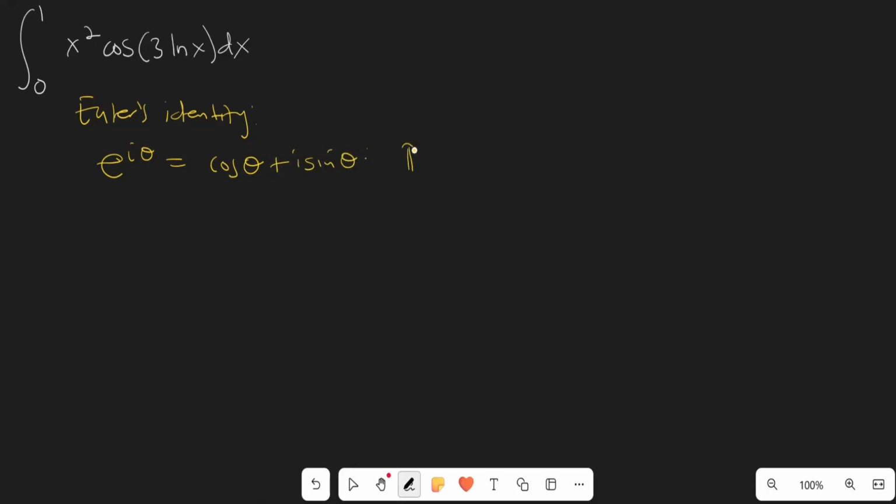We know that the real part of this e to the i theta is the cosine of theta, and the imaginary part of e to the i theta is the sine of theta.